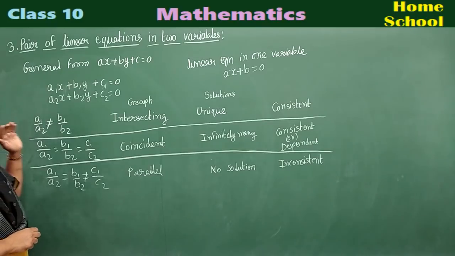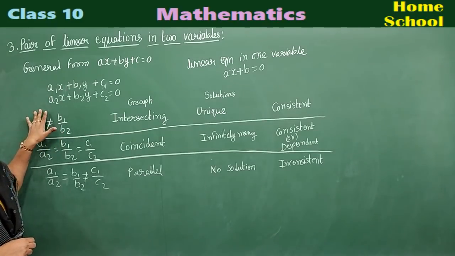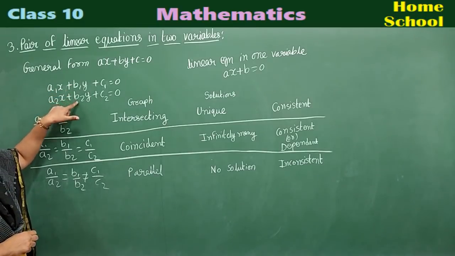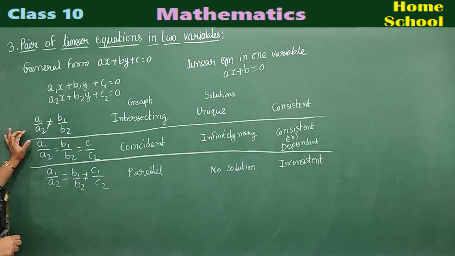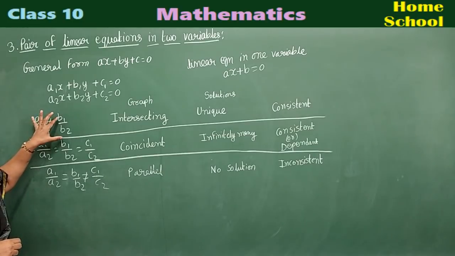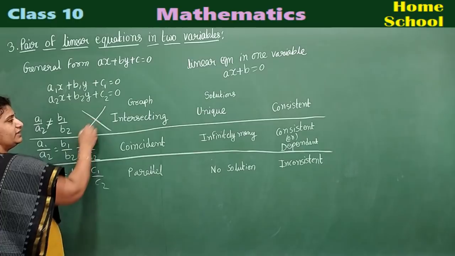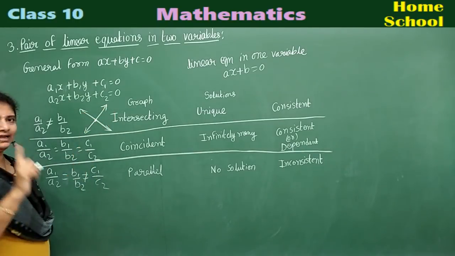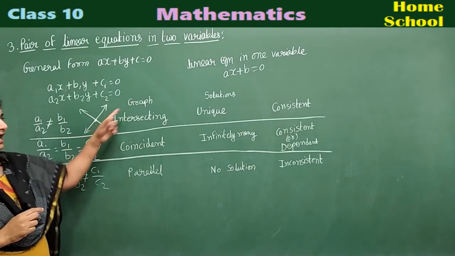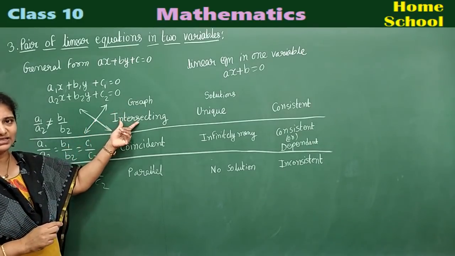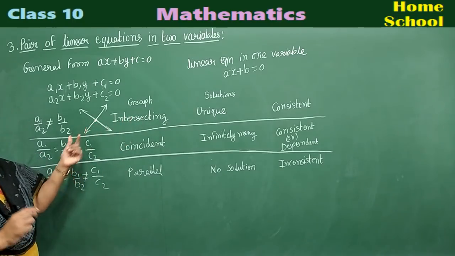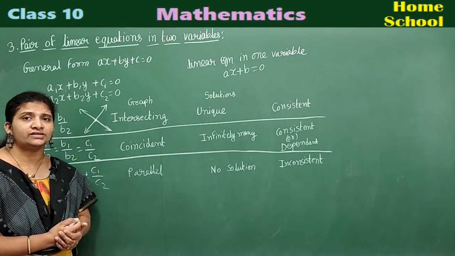Look here, for any two equations, if we compare the two equations with the standard form, suppose A1 by A2 is not equal to B1 by B2. What can you say? The two lines will be intersecting at one point. What is the graphical representation? The lines will be intersecting lines. And what will be their algebraic solution?